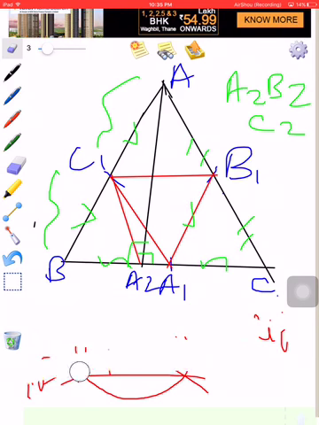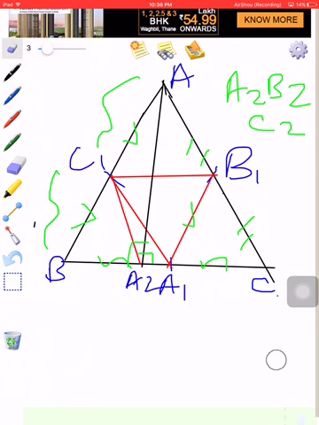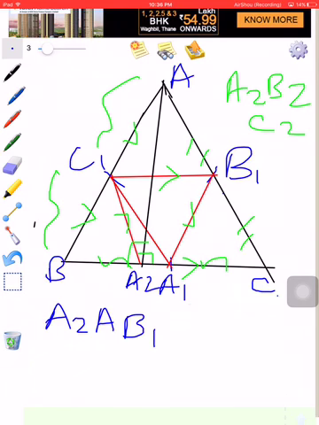So purely on this idea, I get this point A2 right here. I just mark them equal, right? And I know one more property, that C1B1 is parallel to BC. As a result, I get A2A1B1C1 is an isosceles trapezium.